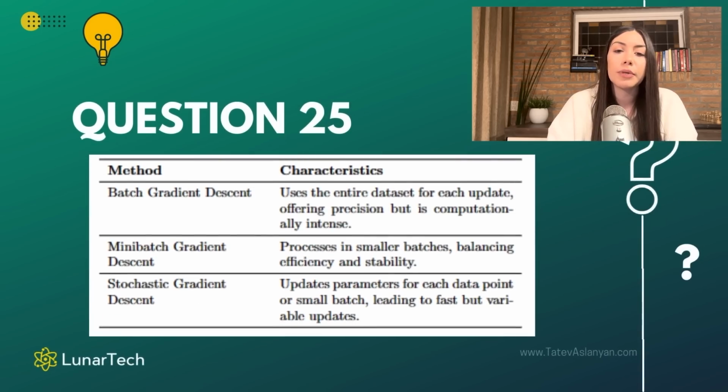The second algorithm is the mini-batch gradient descent, and the third algorithm is the SGD, or the stochastic gradient descent. The three algorithms are very close to each other. They differ in terms of their efficiency and the amount of data that they use when performing each model training and model parameter update. So let's go through them one by one.